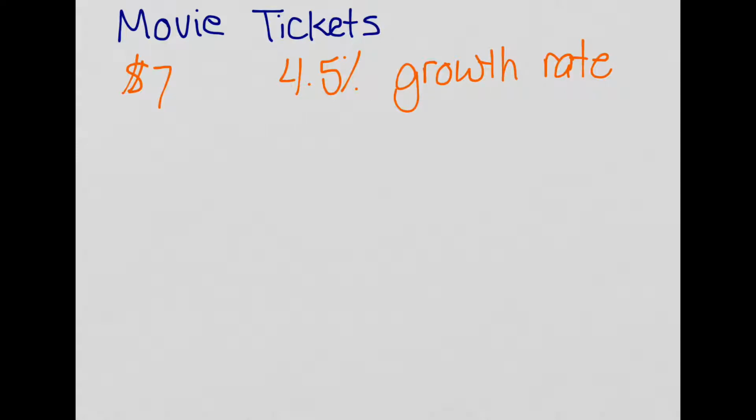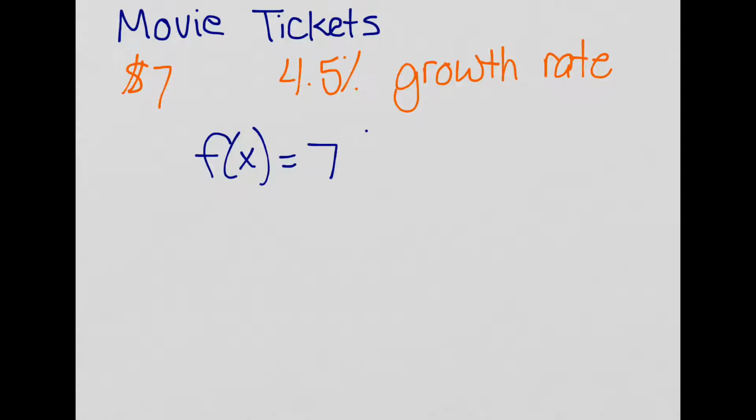And so it says at this rate, how much will a ticket cost 5 years from now? You could do that recursively and just keep multiplying and adding, like the 7th grade method. But it's so much more elegant to write an equation and just fly right to the 5th term. So I'm just going to help you write the equation. We could say that the f of x is going to equal 7 because that's our initial value.